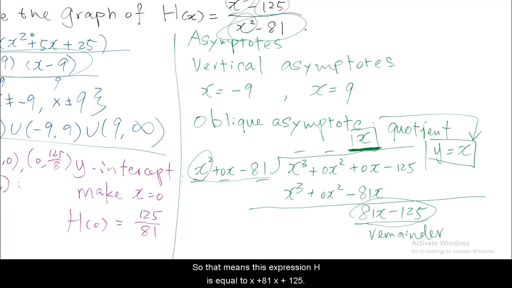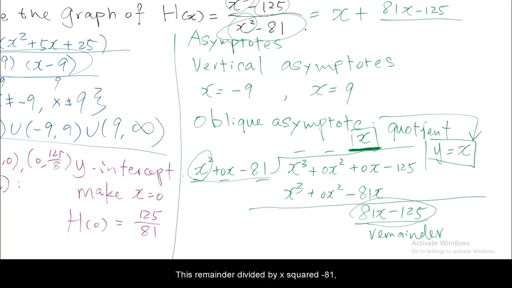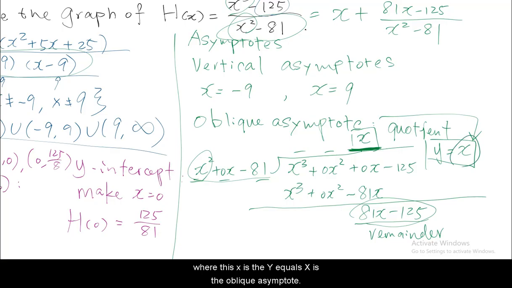So that means this expression h is equal to x plus (81x minus 125) over (x squared minus 81), where y equals x is the oblique asymptote.